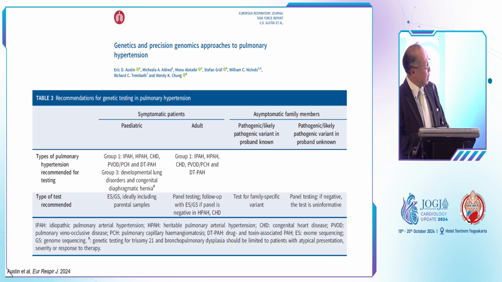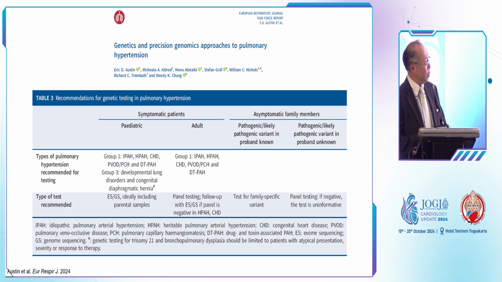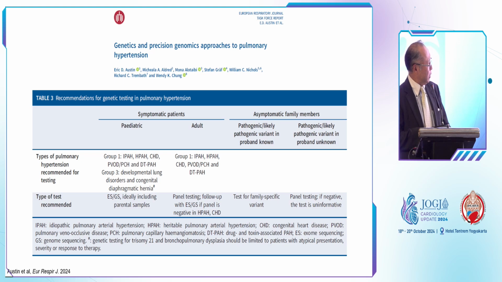And in pediatric cases, in addition to group 1, group 3, developmental lung disorders or congenital diaphragmatic hernia should get genetic testing to identify the genetic mutations. And even for asymptomatic family members, those tests are recommended.